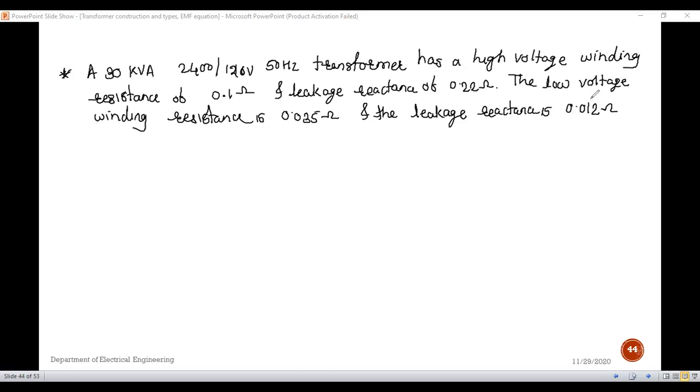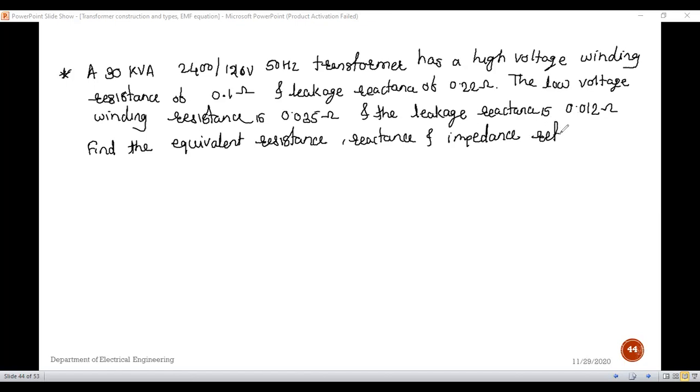Find the equivalent resistance, reactance and impedance referred to, first one, high voltage side, and second one, low voltage side.